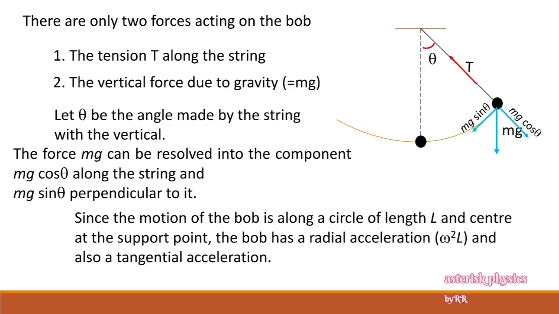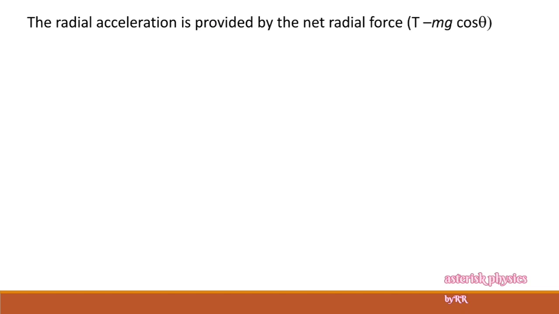The radial acceleration is provided by the net radial force. The net radial force in this case is T minus mg cos theta, because you have seen that tension is along the string, pointing towards the point of suspension or the center of the circular path, whereas mg cos theta is along the string but pointing away from the center of the circular path.